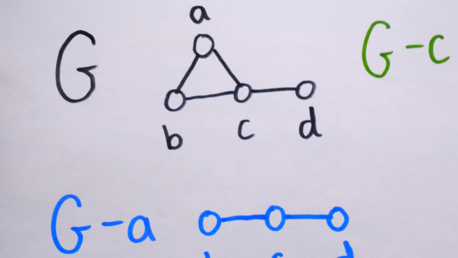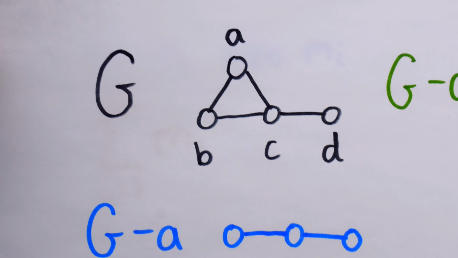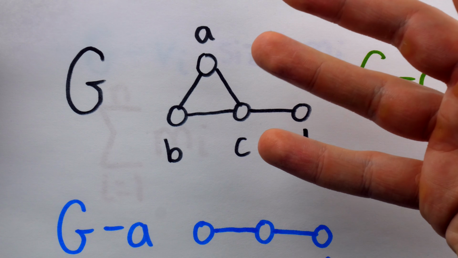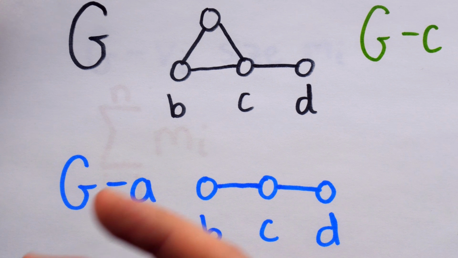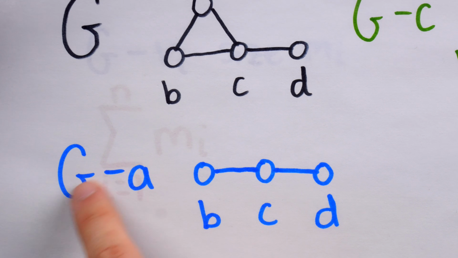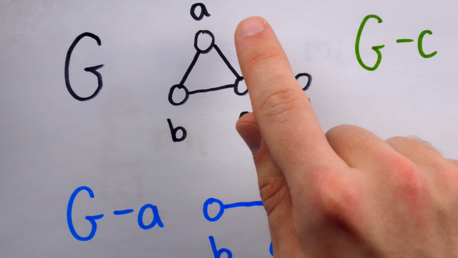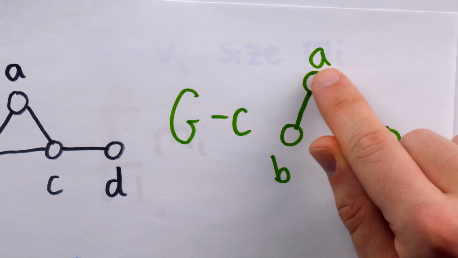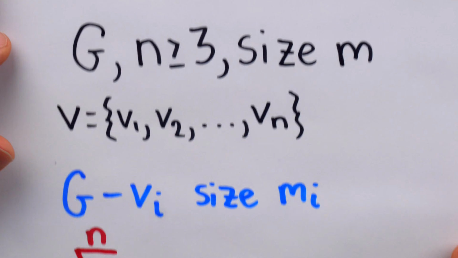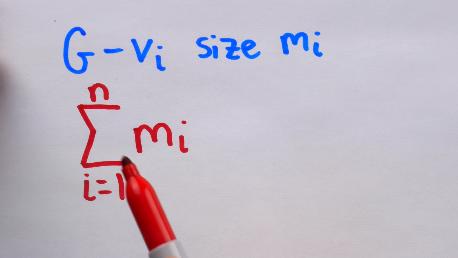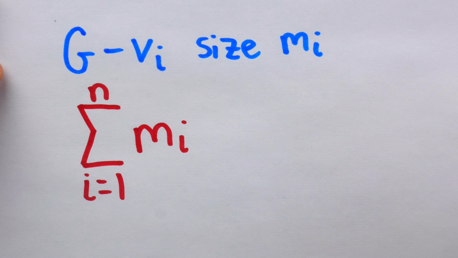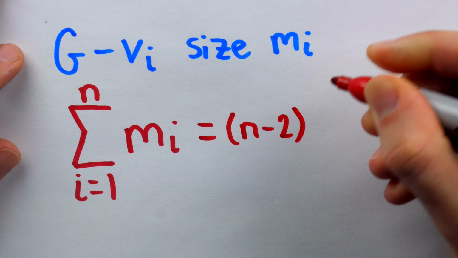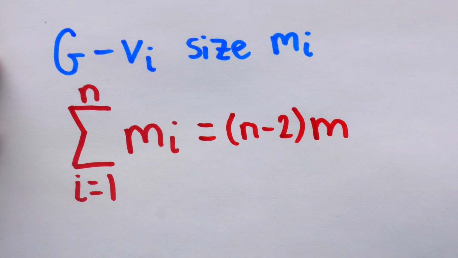For example, if we were to consider all of the vertex-deleted subgraphs of that original graph G we were looking at, the edge joining A and B would appear in all of them except for G minus A and for G minus B. For example, here in G minus A, this edge is gone because we've deleted a vertex that's touching it. But in G minus C, we still have that edge because no vertex touching it has been deleted. So every edge of G is going to be counted in all terms of this sum except for 2 of them, that is n minus 2 terms total. Hence, this sum must equal n minus 2 times m, the number of edges in the mystery graph G.